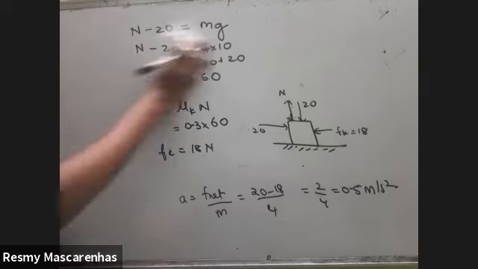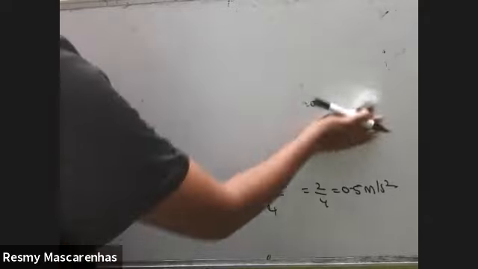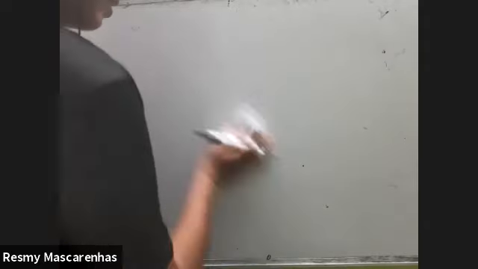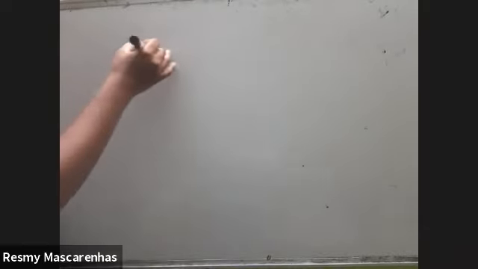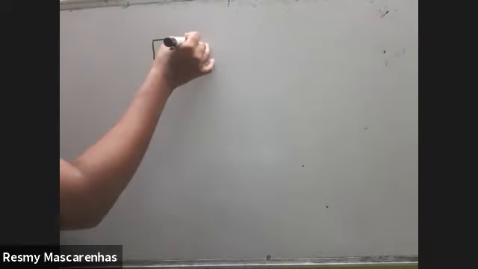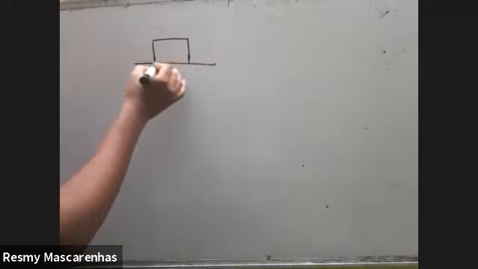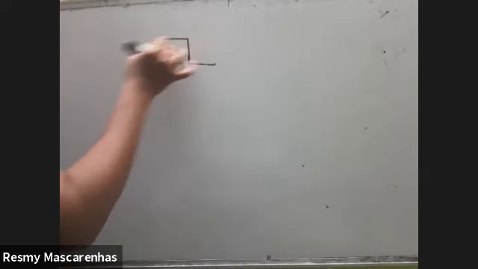Now next question. Next is a little applicative type. You have to understand. Okay, this is not direct substitution. Now this is what only the diagram has been given. 4 kg.